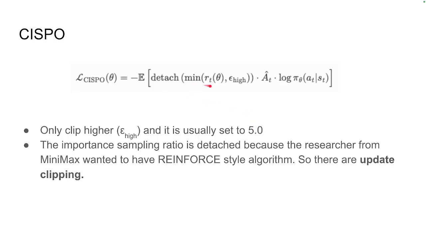But here they detach it, so this doesn't affect your gradients. These are only for importance sampling and clipping, so that your low probability tokens increase in likelihood in your update. So CISPO mirrors REINFORCE a lot, because this is the REINFORCE part, and it has just this extra term of having the importance sampling and clipping it higher.